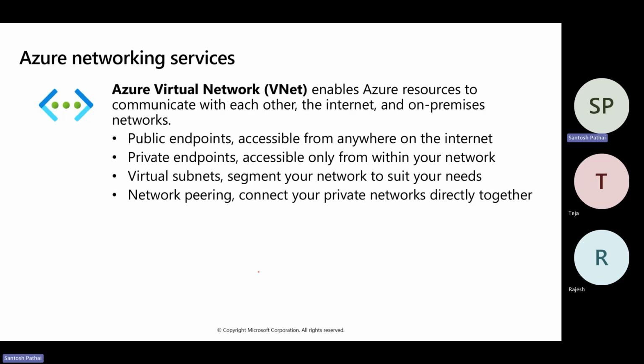Then we have virtual subnets to segment your network to suit. We can segregate our cloud resources in different virtual subnets so they can't communicate with each other directly. If we want to provide communication, we can provide it for internal communication. Then we have network peering, which helps us connect our private networks directly to each other. So these are virtual networking services.